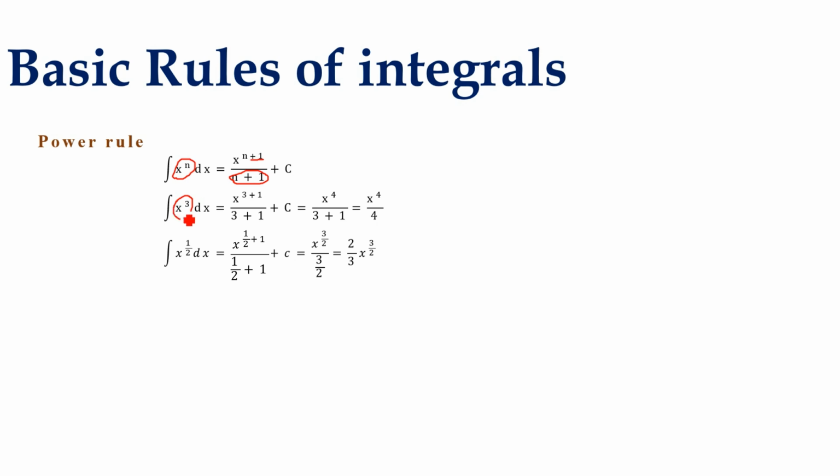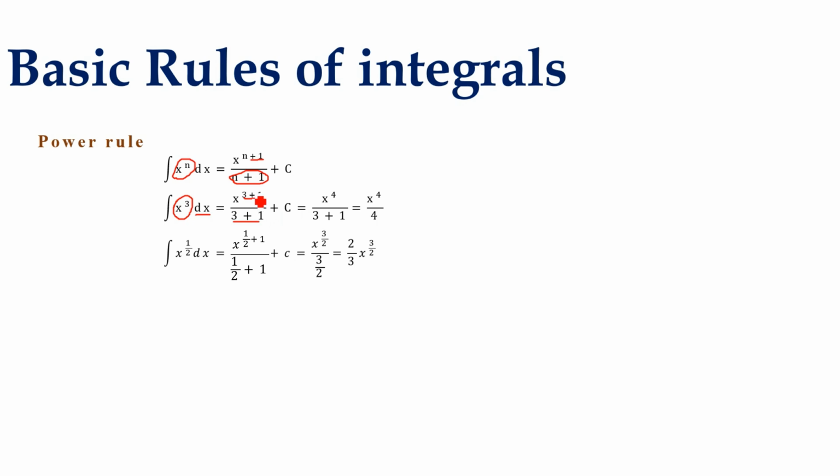Now for example, if we have a function like x power 3 and we want to take the integration of this, we can write it as integral x power 3 dx. The dx here represents that the integration is with respect to x. Now the solution will be x power 3 plus 1, we add 1 to the power of x, so this becomes 3 plus 1, and then we divide this whole term by 3 plus 1, and then we write the integral constant, plus c.